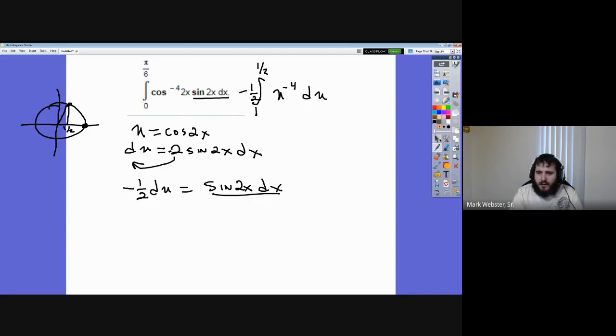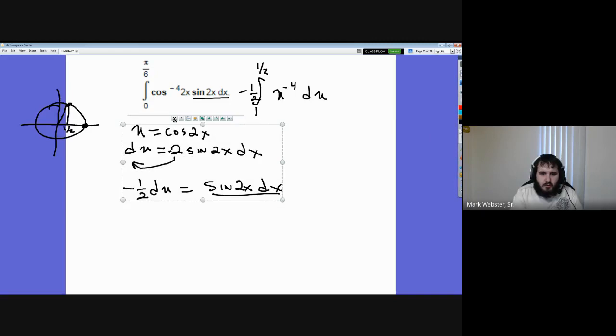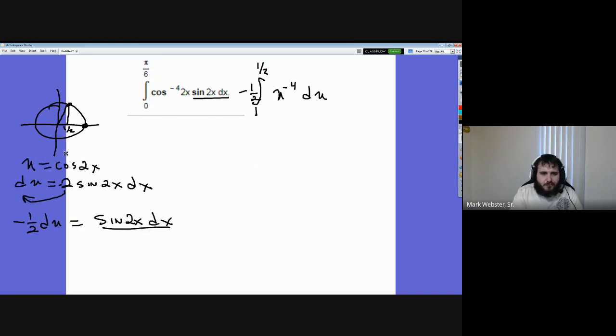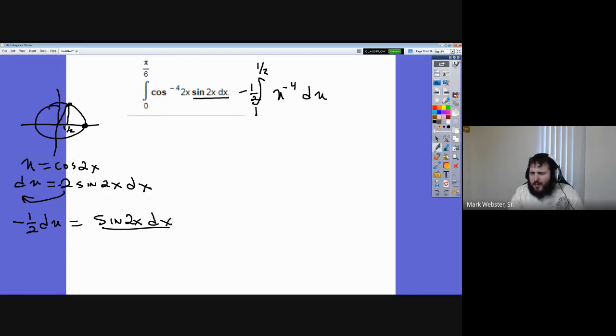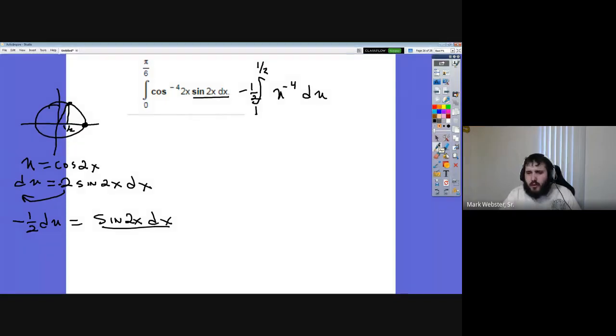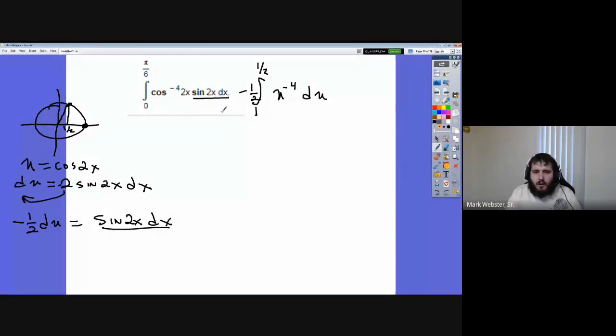So that's what we're going to do. Now we're going to take the integral just like we're used to. But now I don't have to worry about x anymore. I don't have to worry about sines and cosines anymore. I can just do the integral of u to the negative fourth. That's so much better.